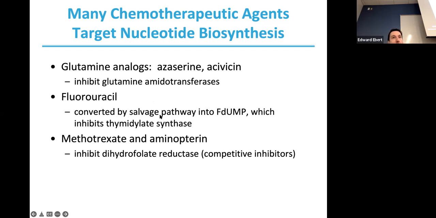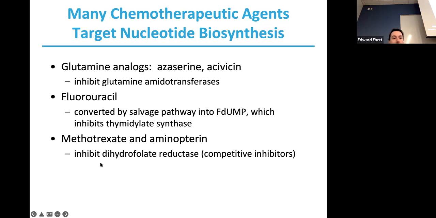Fluorouracil is actually really fascinating because this will go through the pathway and make the deoxyuridylate, but incorporates this fluorine in there. So you can't actually then convert the uridine to thymidine. That fluorine atom is in the place where you would add the methyl group, and the presence of that fluorine inhibits the chemistry, so you can't make thymidylate.